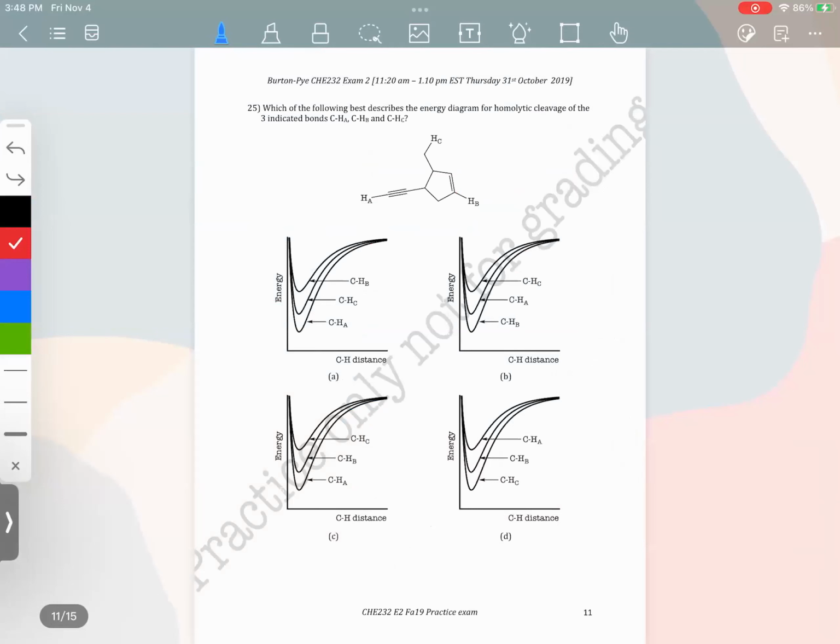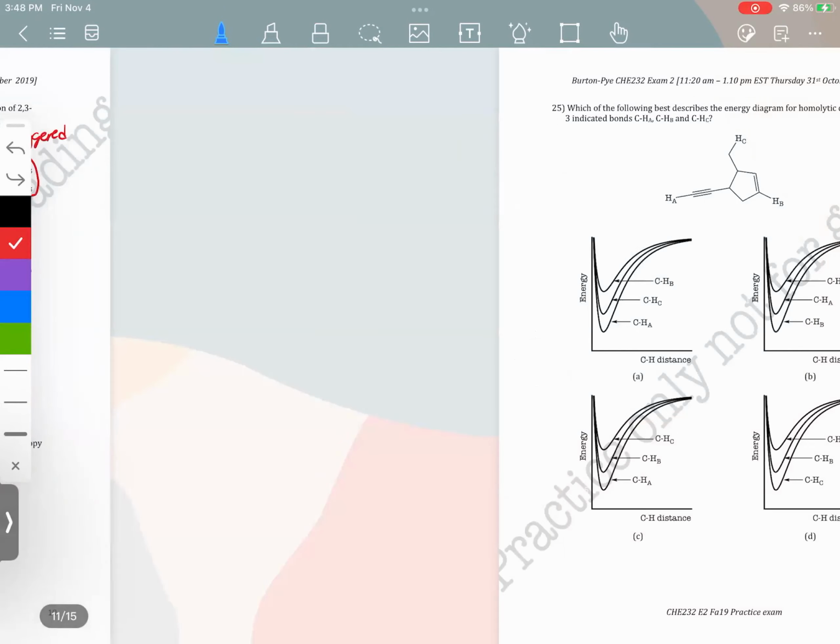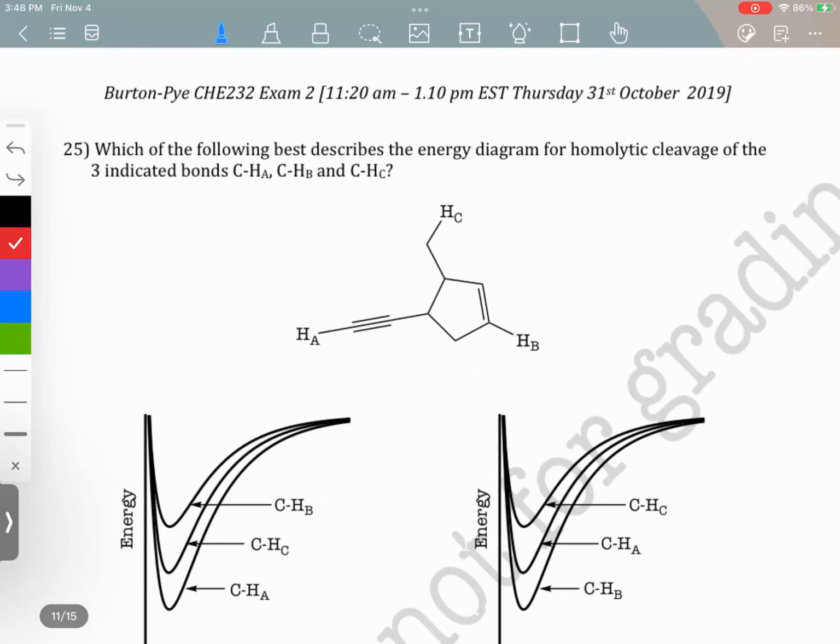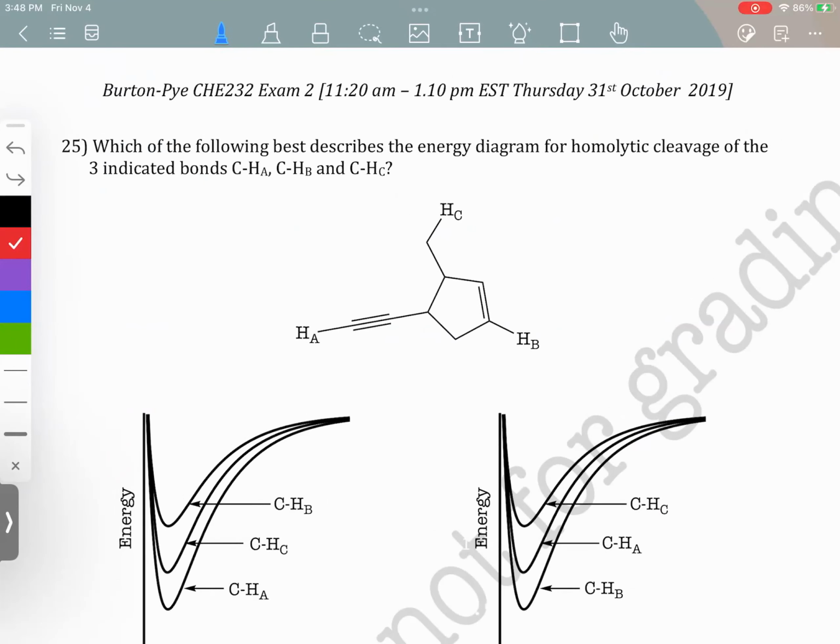All right. Question 25. Which of the following best describes the energy diagram for homolytic cleavage of the indicated bonds CHA, CHB, CHC?